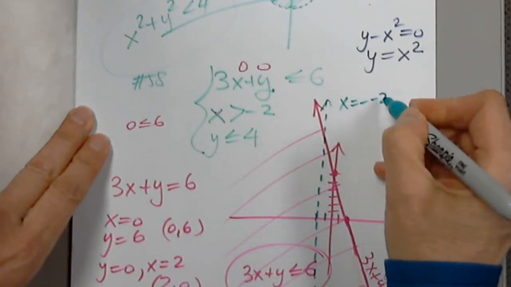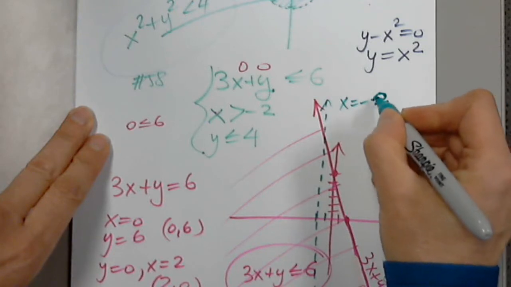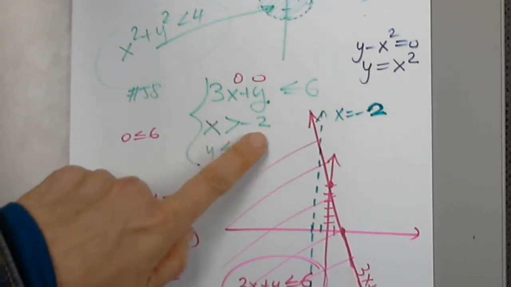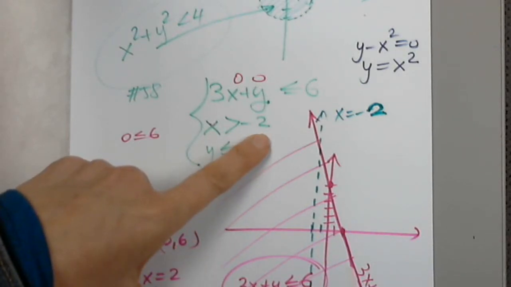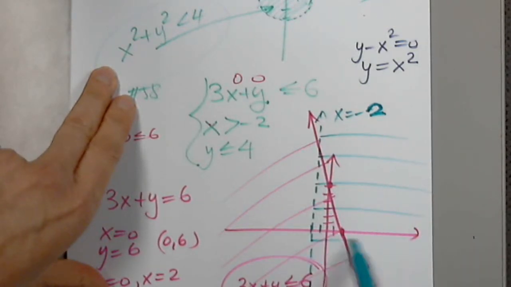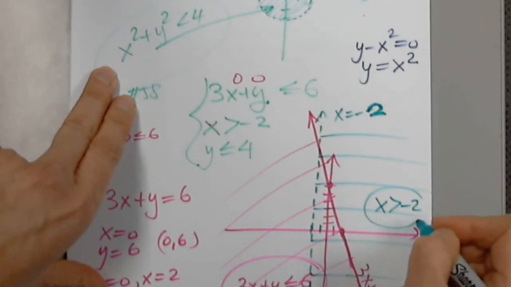X equals -2. Good. So now which direction am I going? With x greater than -2. That way. So this is x greater than -2.